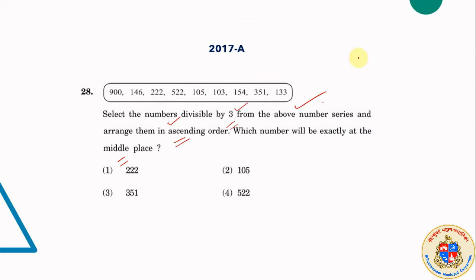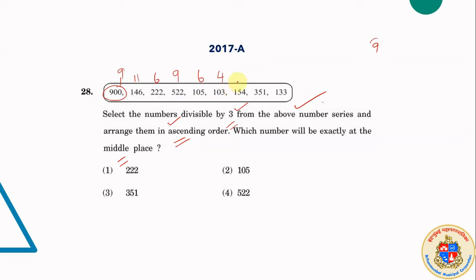So how to check whether a number is divisible by 3? For a number to be divisible by 3, the total of the digits of the number should be divisible by 3. So in the first case, the total is 9. Here 4 plus 1, 5 plus 6, 11. In this case, 2 plus 2 plus 2, 6. In this case, it is 9. In this case, 6.